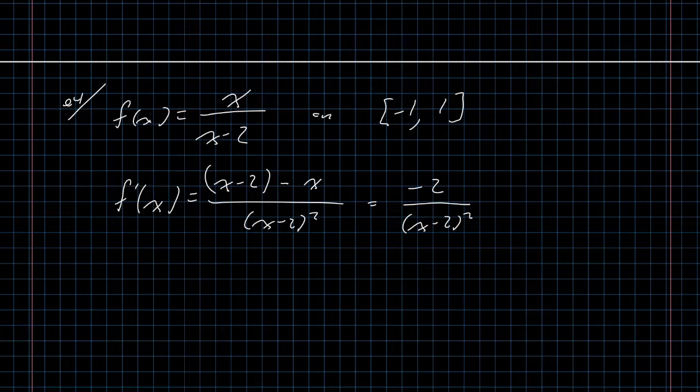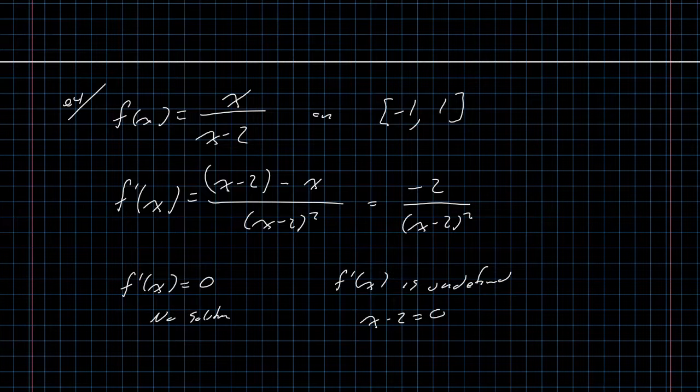We're looking for critical values. That means we're looking for places where f prime of x is equal to 0, in this case, there's no solution. We're also looking for cases where f prime of x is undefined. In this case, that's when the denominator, x minus 2, is equal to 0, which means that x is equal to 2.